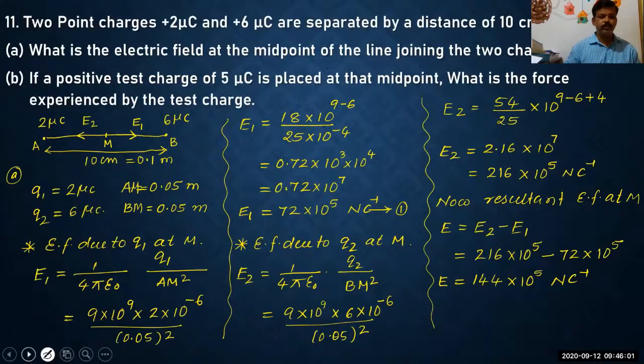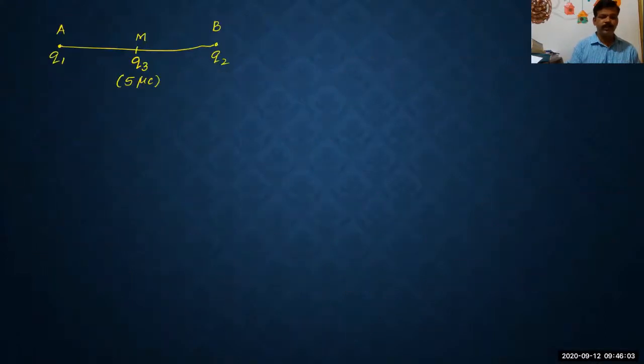Q1 is 2 microcoulomb and Q2 is 6 microcoulomb. When you place this 5 microcoulomb charge here, it starts to experience force. As Q1 and Q3 are positive charges, Q3 experiences the repulsive force, and that force is F1.